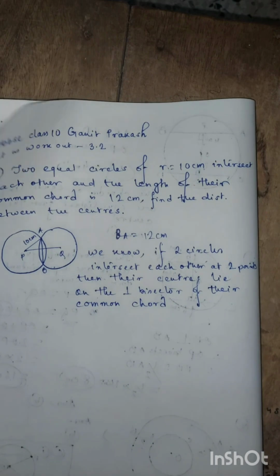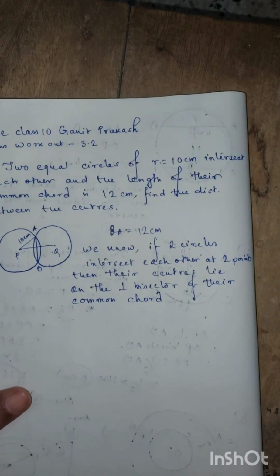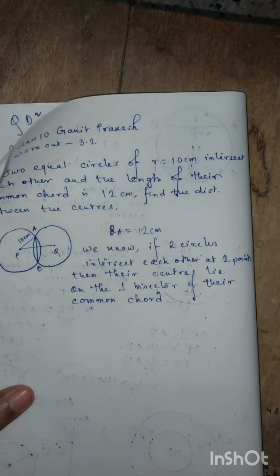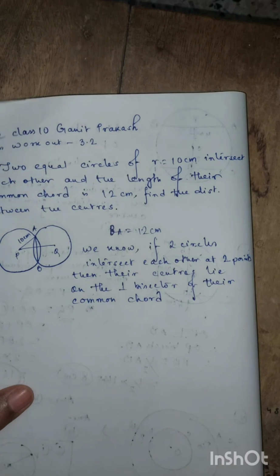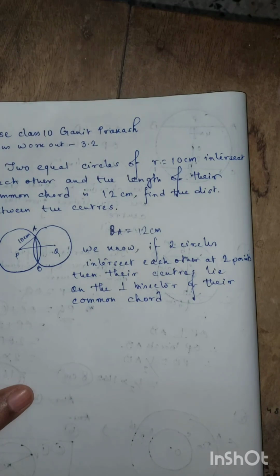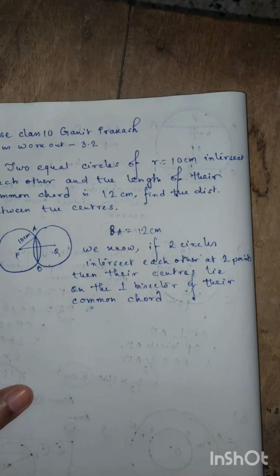We know from application 13, we have done it in our previous video: if two circles intersect each other at 2 points, then their centers will lie on the perpendicular bisector of their common chord.